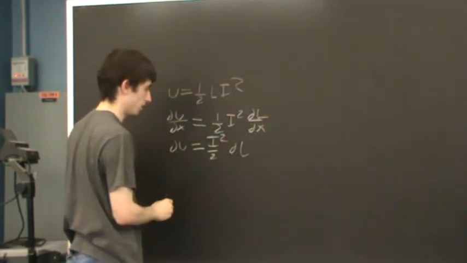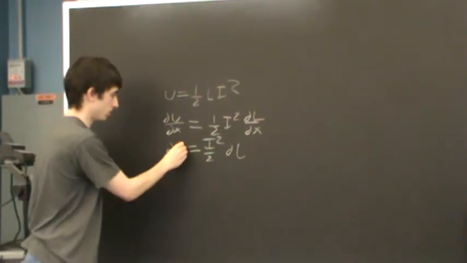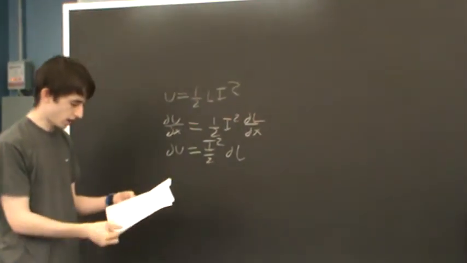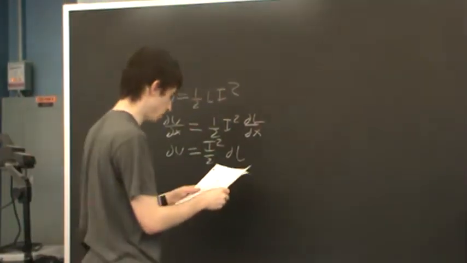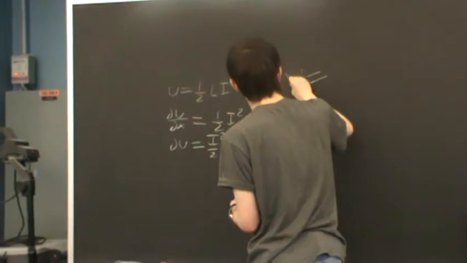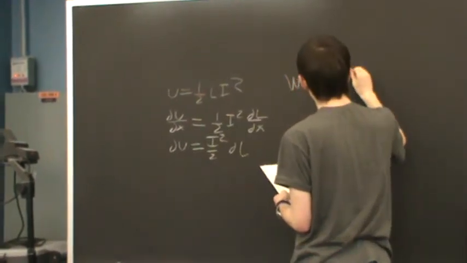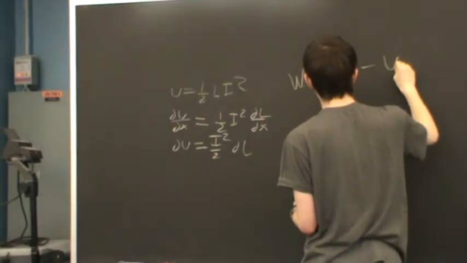Is that little u or big U? That's big U. So then the other thing you know is that work equals U2 minus U1. In other words, it's the delta of potential energy.